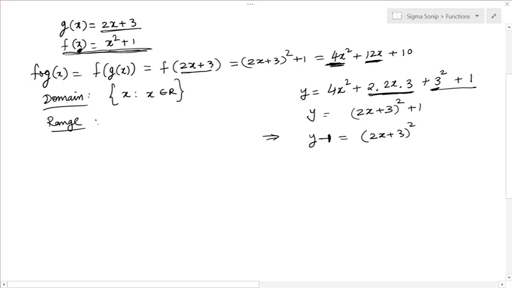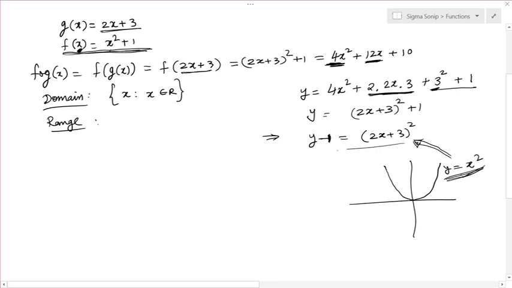Now if I compare, I know that the quadratic function that I have here is y equal to x square. So when I look at this, what translation would convert this graph into this equation?